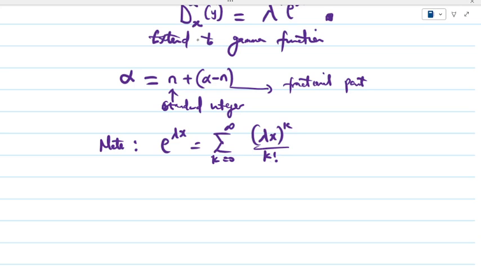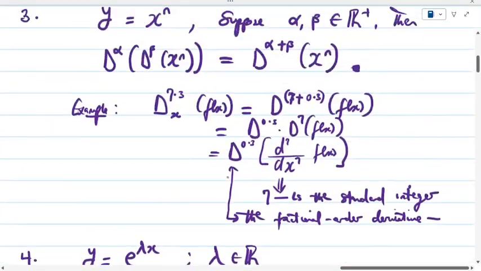So by the time we put this here, we have our alpha now become n plus alpha minus n, exponential of x, and it is given according to this rule.